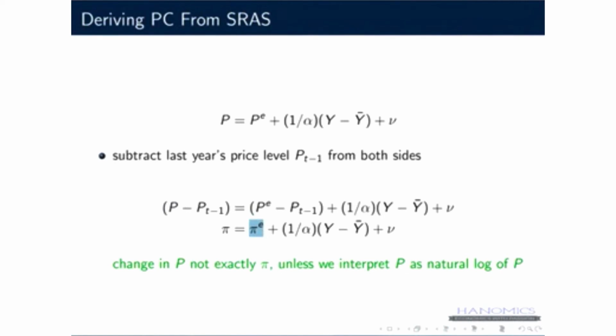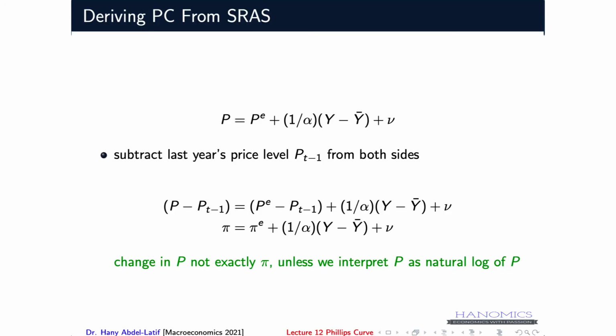And what we have here is the output gap, as we explained before, the difference between the actual output and the full employment output level, plus some sort of shock. So from here we derive the relationship between the inflation rate, the expected inflation rate, and the output gap plus some supply shock.